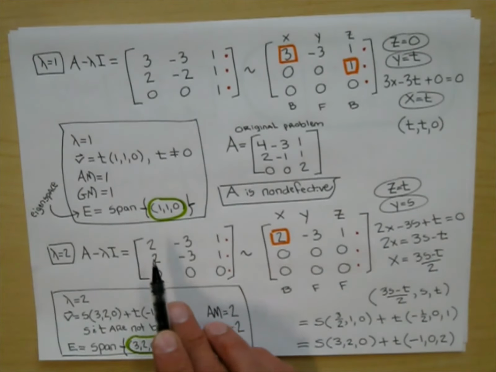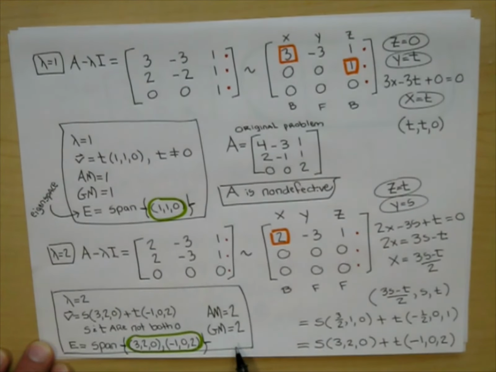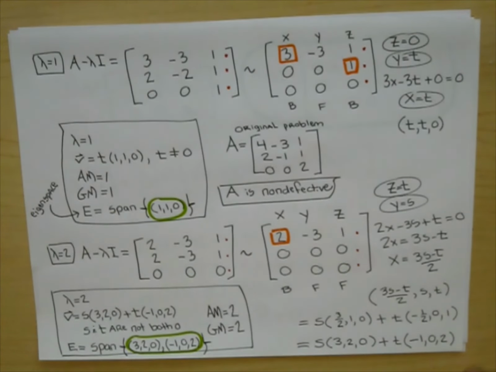Basically, look at the algebraic multiplicity and the geometric multiplicity. They're the same on that eigenvalue. So if on all eigenvalues they equal each other, then you have a non-defective matrix. And that's what we have. A is a non-defective matrix. We're going to see why that is good later on.